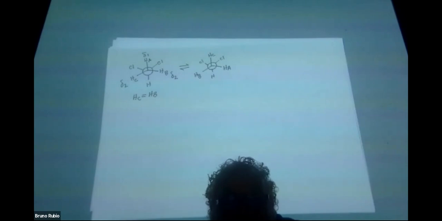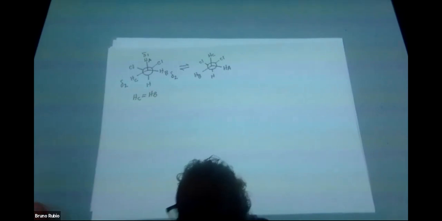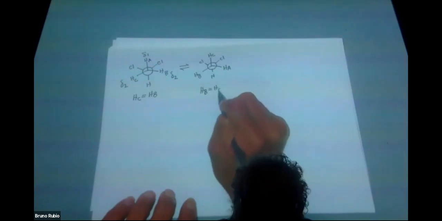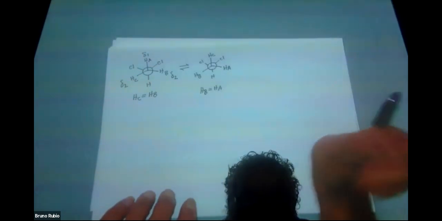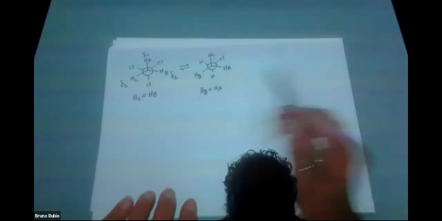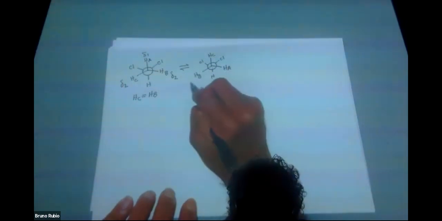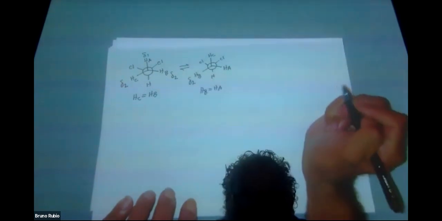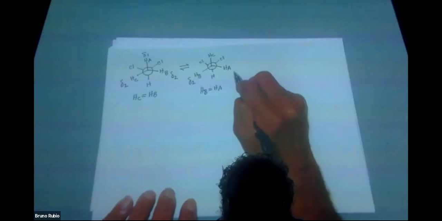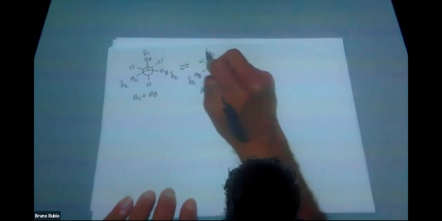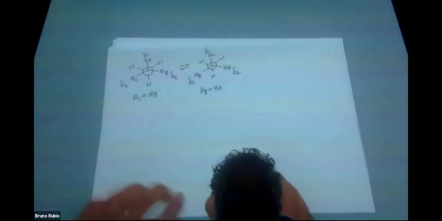Okay, and again, this conformation would once again give us 2 signals. The HB and the HA are equivalent to each other, but the HC is unique. So if I were to remove all of the A's and B's and C's, this Newman projection will look just like that one. So I hope it is clear that the HB here would have chemical shift delta 2, HA would have chemical shift delta 2, and HC would now have chemical shift delta 1.